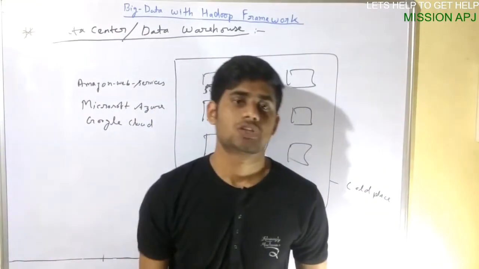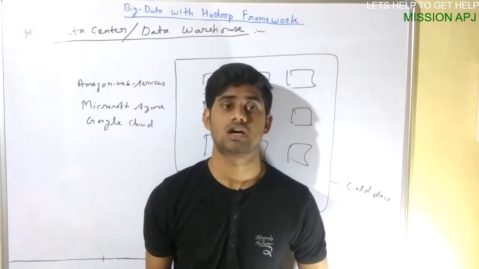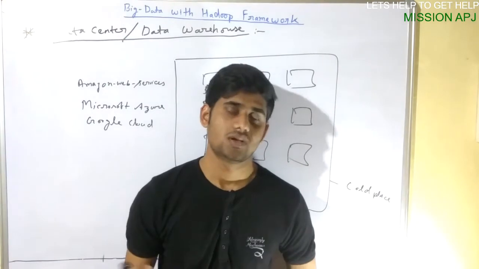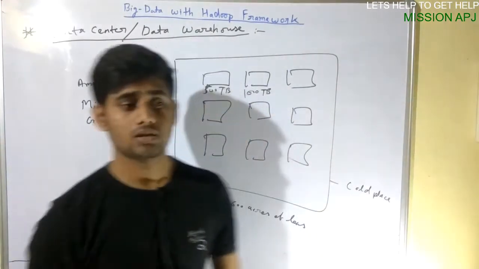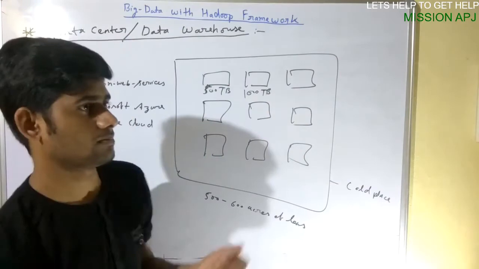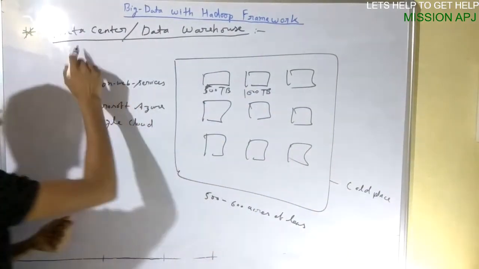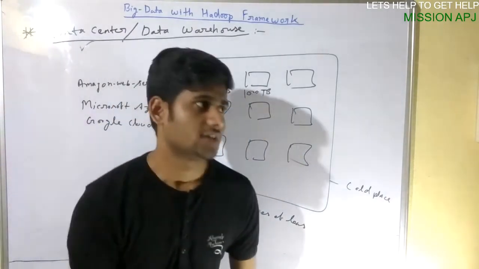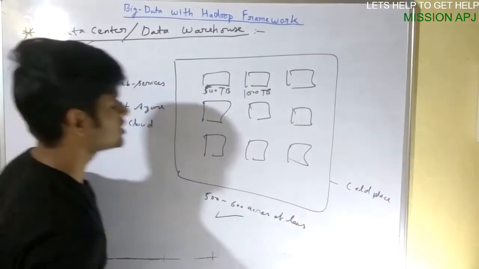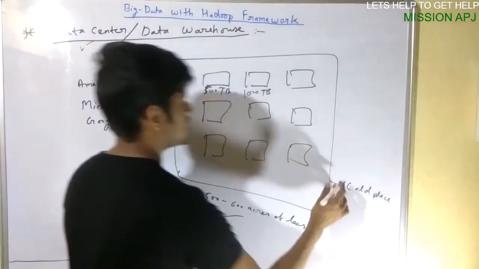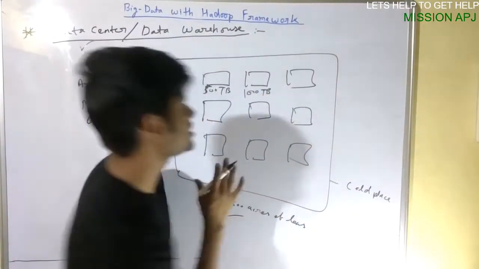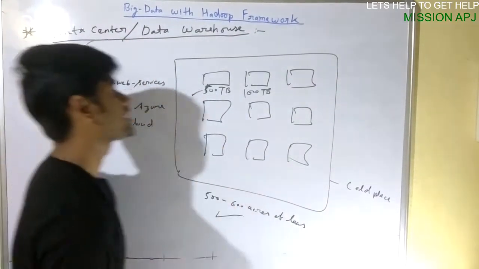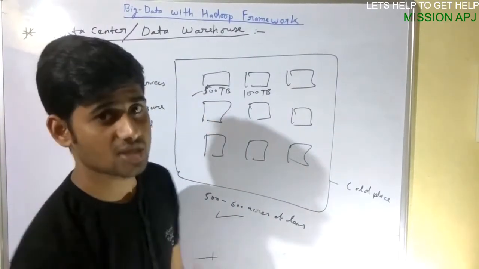Now, storing huge data is a very big problem. So what is done is that this data is stored in data centers or data warehouses. And what are a data center and a data warehouse? They are nothing but 500 to 600 acres of land containing a huge number of hard disks, maybe 500 TB or 1000 TB each, or some other number.